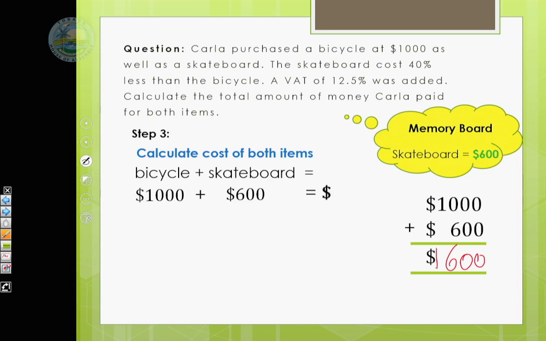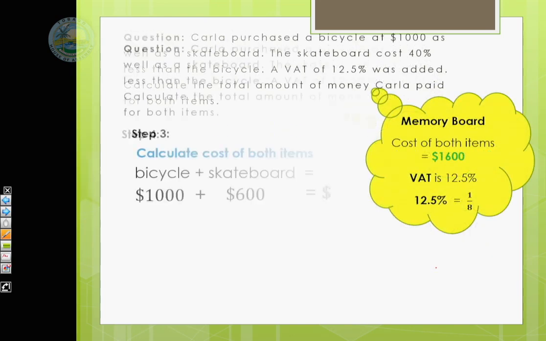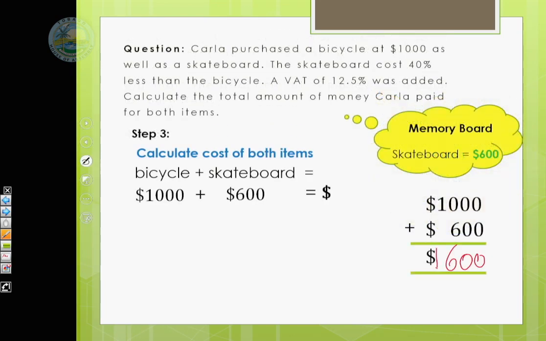Our total cost for our bicycle and skateboard altogether is $1,600.